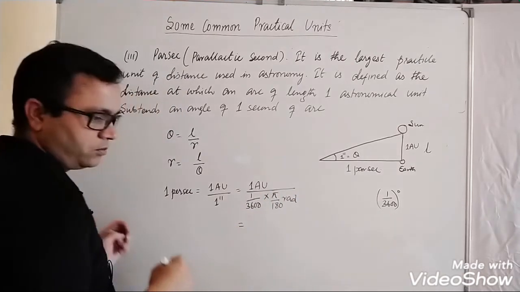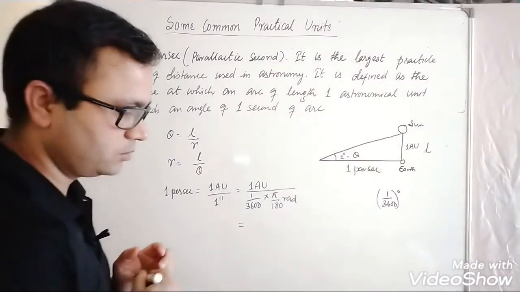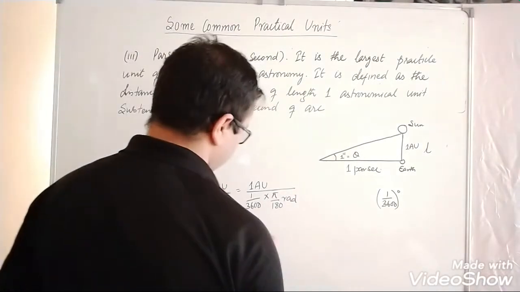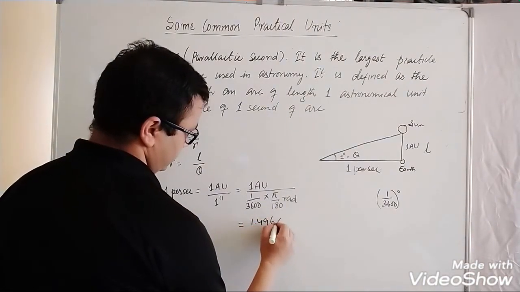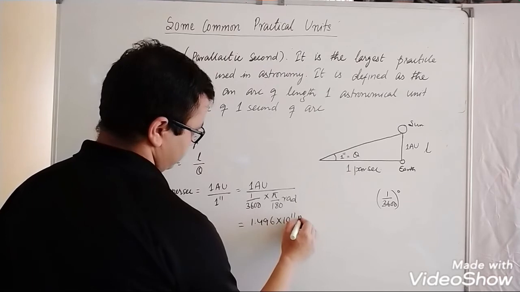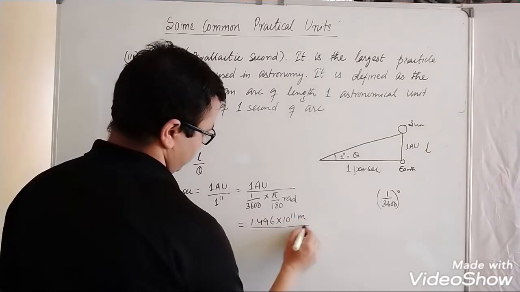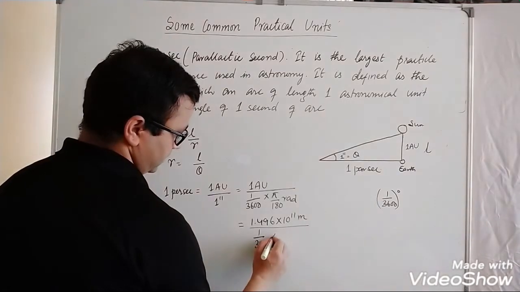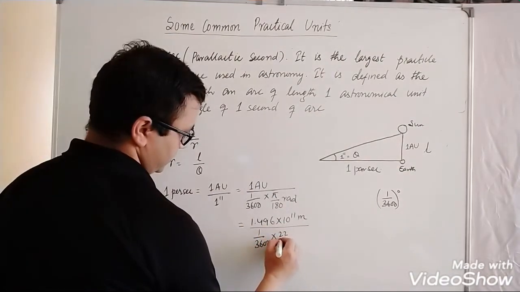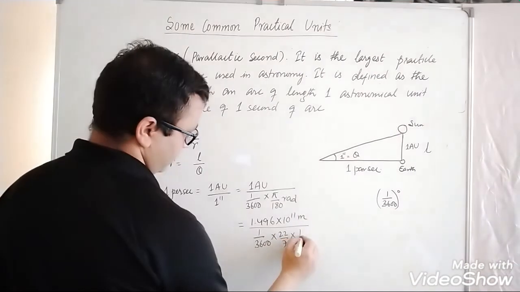What is the value of 1 astronomical unit? 1 astronomical unit is 1.496 into 10 to the power 11 meter, divided by 1 by 3600 into pi, which is 22 upon 7, into 1 by 180.